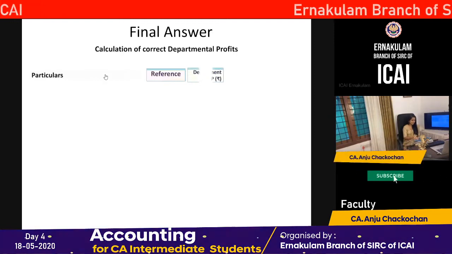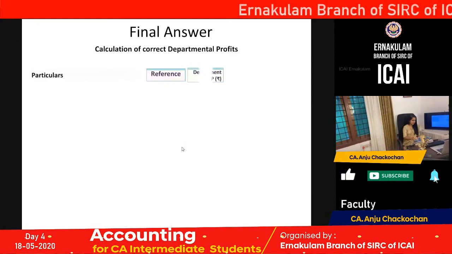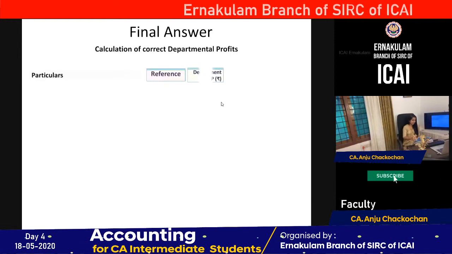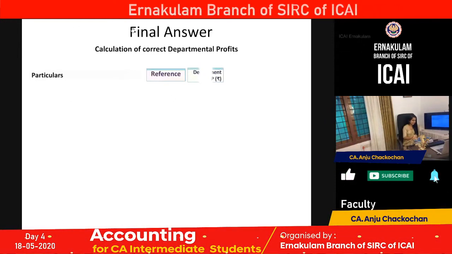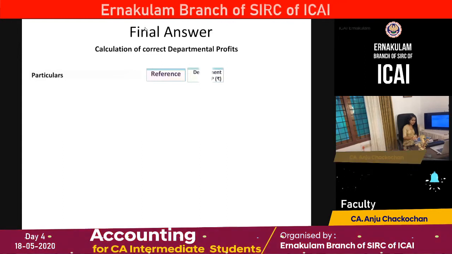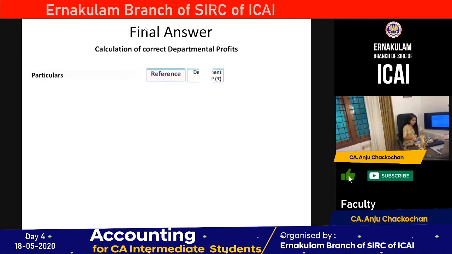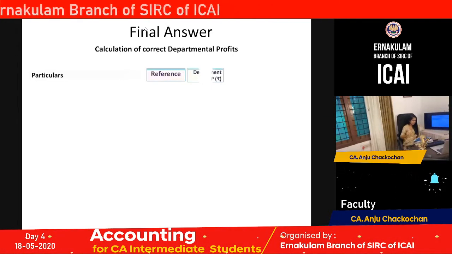We have the answers coming up. The profit before commission is given. Now you add back the manager's commission so as to rectify the error made, and then you reduce the unrealized profit so that you get the profit before manager's commission. Here we go, and you reduce manager's commission, and yes, almost the answer.